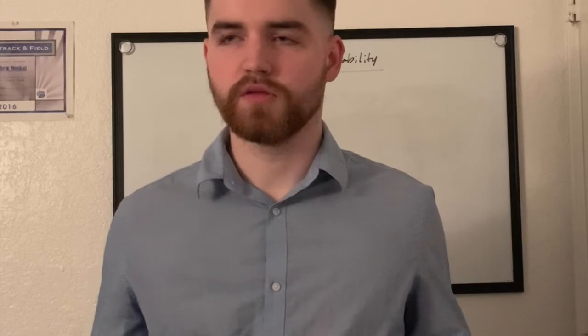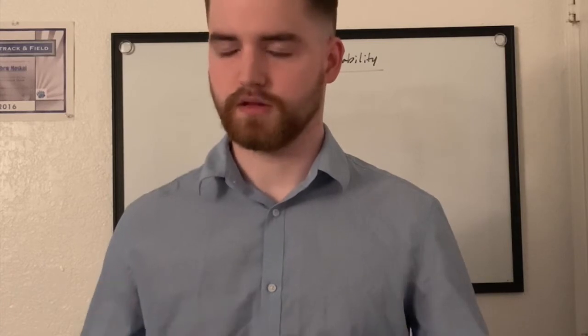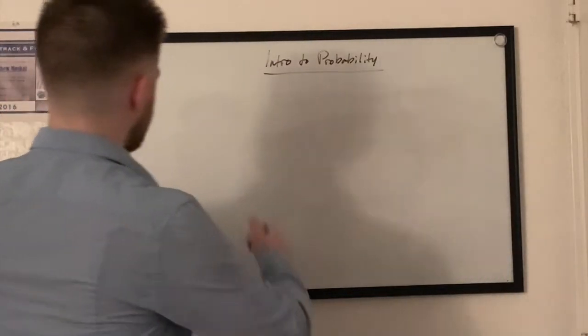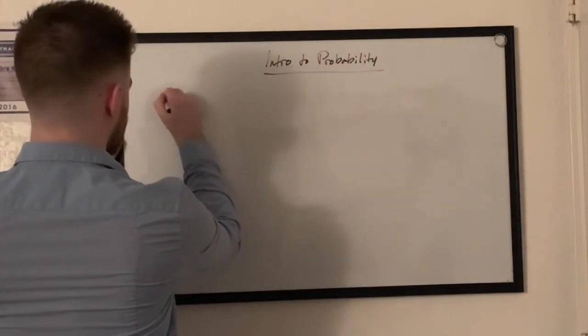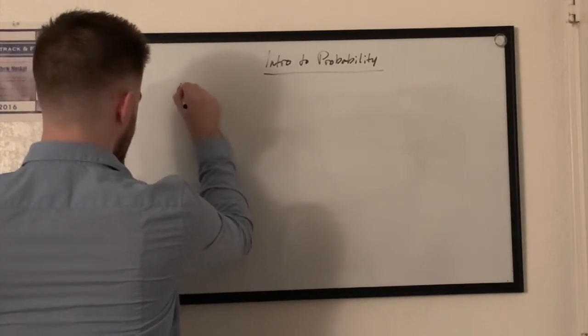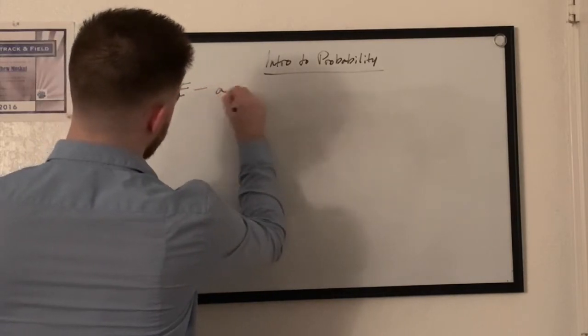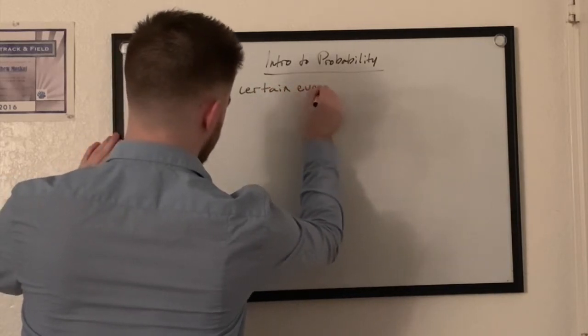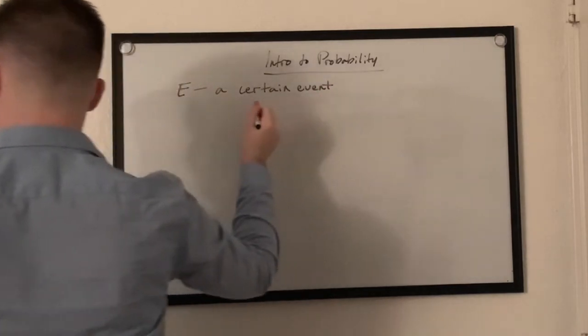So you might be asking, how do we compute it? How do we compute the probability of some event out there in the world occurring? And so I'm going to go ahead and write that down and give you all a way that we mathematicians compute probability. It's a very standard, easy formula to think about and compute. So if you have some event, let's call it E, let's call E a certain event.